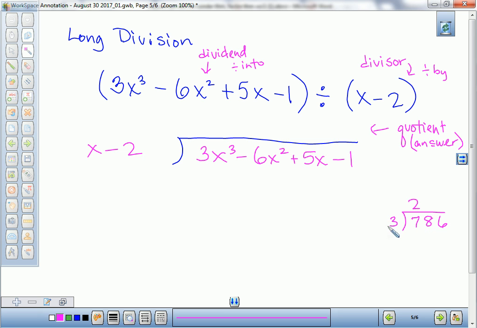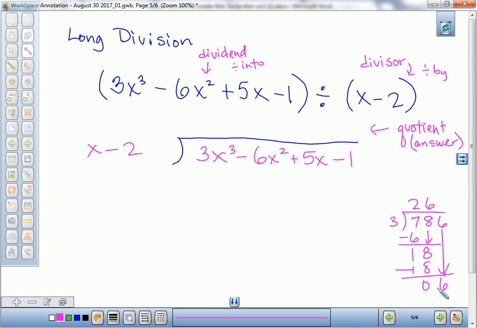And then you would multiply, and then you would subtract. And then you would bring down. And then you would say 3 goes into 18 6 times. Then you would multiply. Then you would subtract. Oh, we got nothing this time. Then you would bring down.